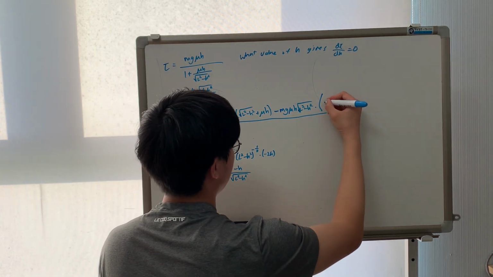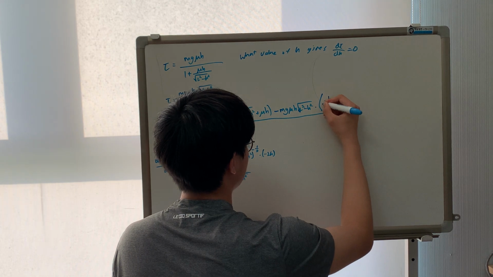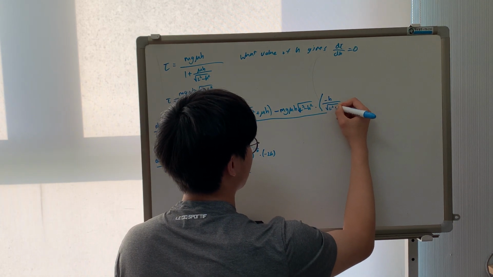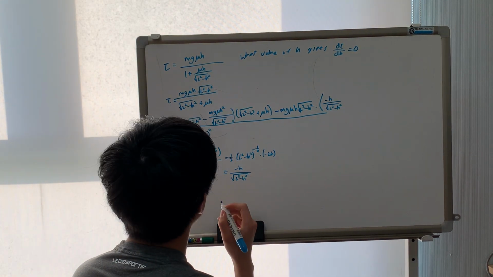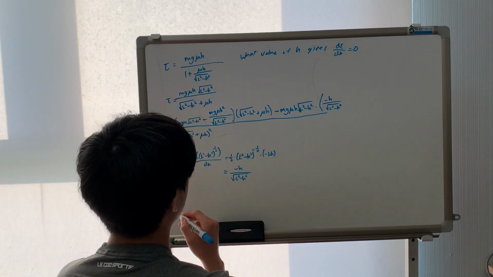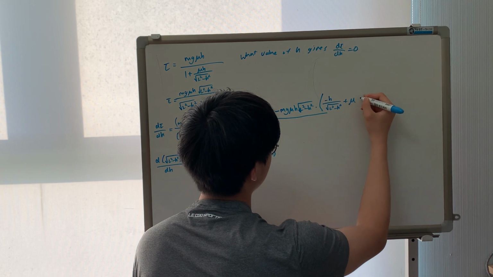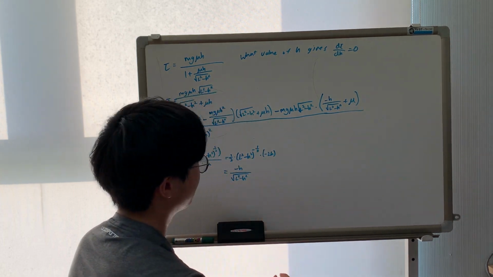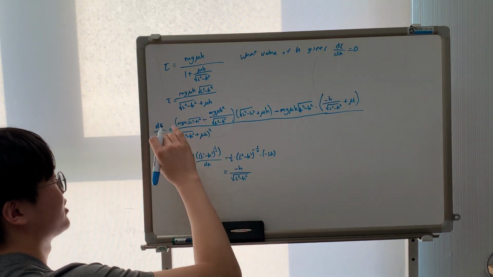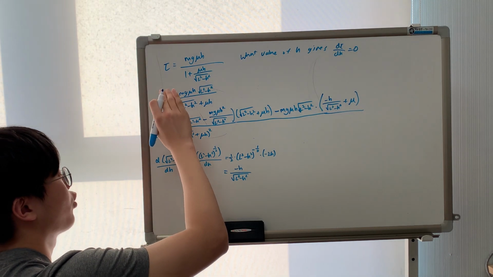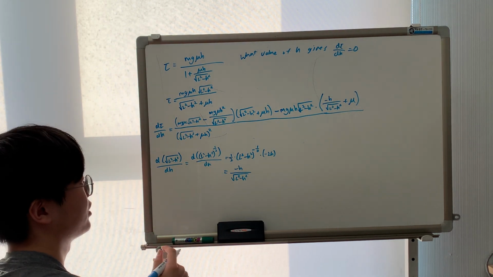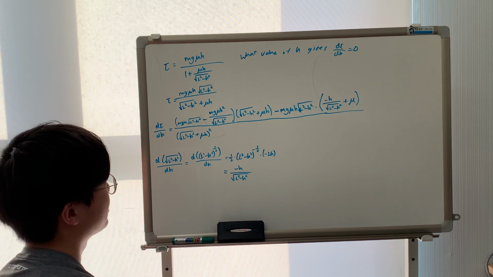So we have minus h over the square root of L squared minus h squared plus the derivative of mu h; we only have mu because we're doing it in terms of h. So that is the full expression for our derivative of the torque in terms of h. So d torque over dh is going to be that.